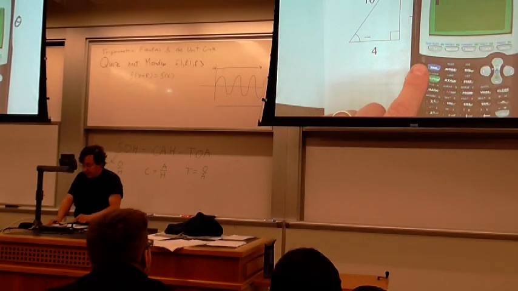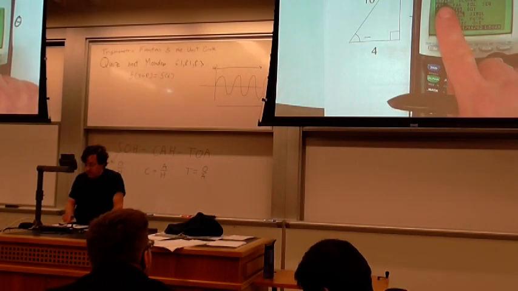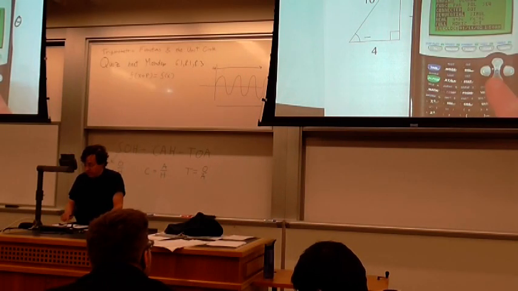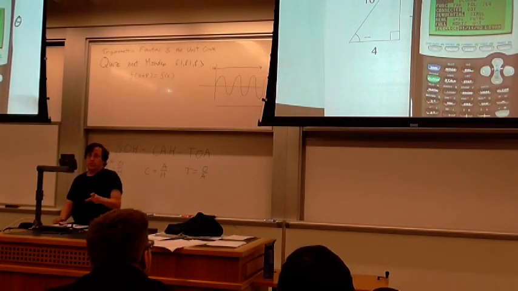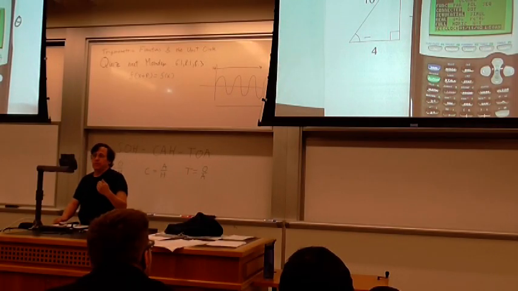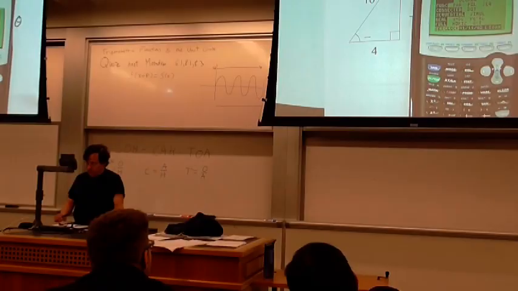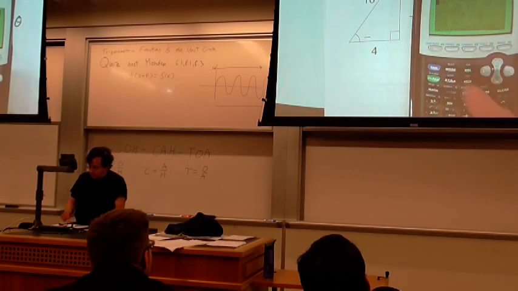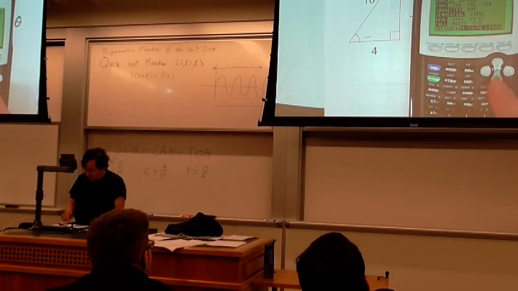But on a TI calculator, you're going to hit the mode button, and you're going to look down here and see radian versus degree. And that's going to determine both what your input to your trig functions, your sines and cosines is, but it's also going to determine your output from the inverse function. Right? So I think for now let's use degrees.